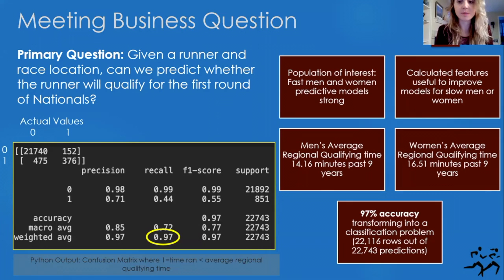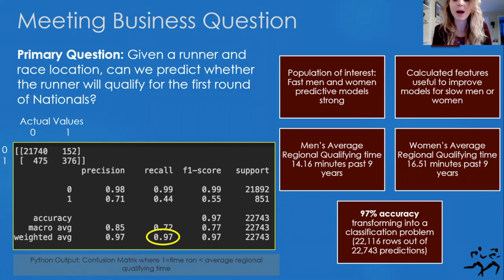Finally, after building my linear regression model, I needed to evaluate whether I met my business question. Given a runner in a race location, can we predict whether the runner will qualify for the first round of nationals? I evaluated it by building a classification problem. I created a confusion matrix to identify if the runner qualified for regionals, did I predict that they would qualify for regionals?